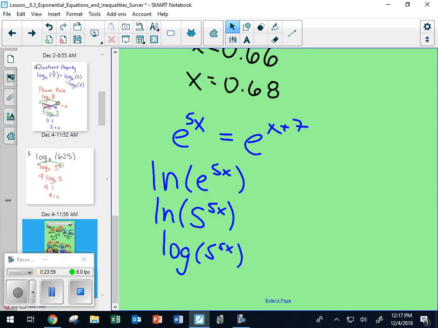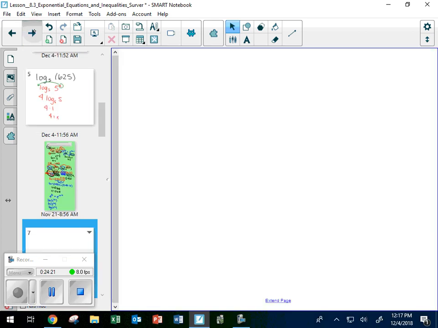If I don't, then I can just use the log. So it makes it a lot easier for you to keep it straight in your head: if I want to simplify this and get the exponents out, just always use natural log, regardless of what your base is. Does that make sense to people? It was a good question. I'm glad people asked.